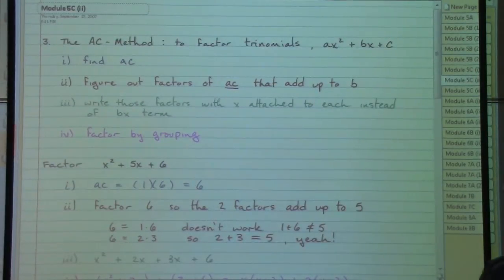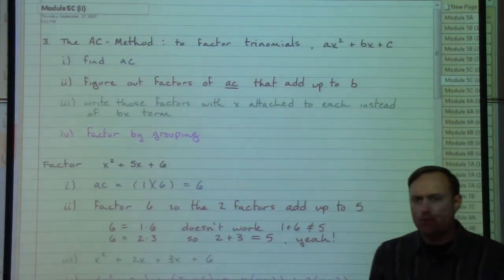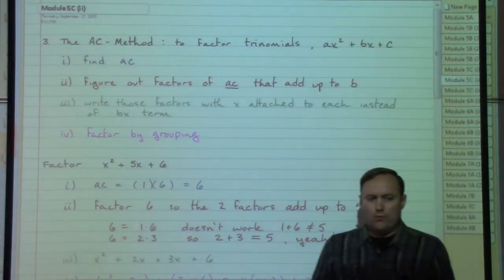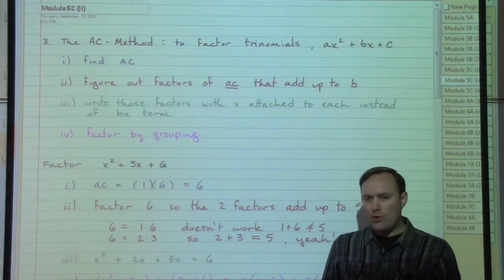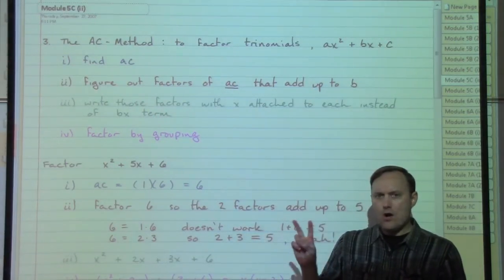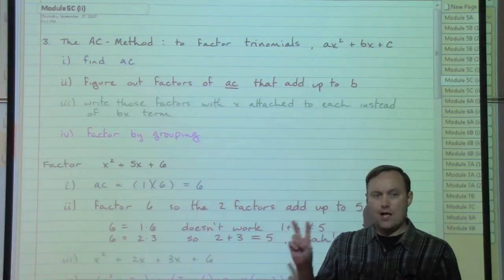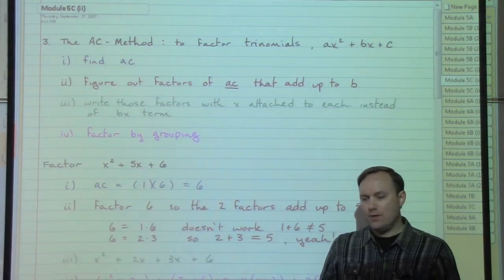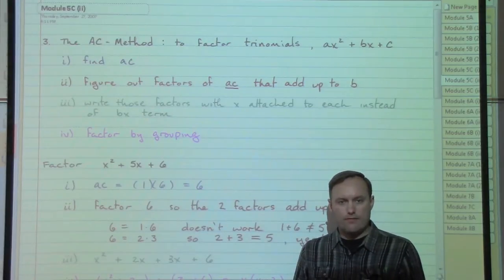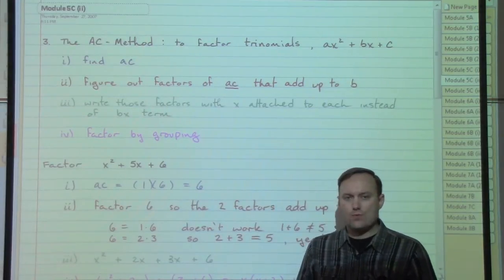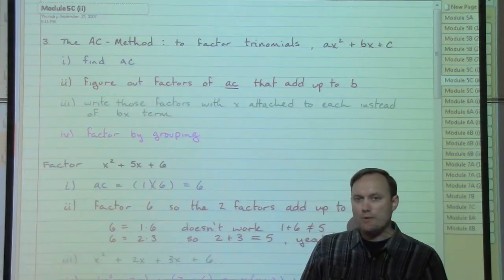Previously, we had said that the grouping method would allow us to reverse the FOIL process when the FOIL problems had the O and the I as unlike terms. If the O and the I parts are like terms, then we saw that very often the answers we would get would be trinomials.